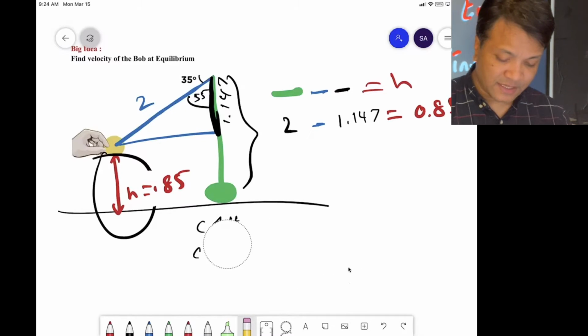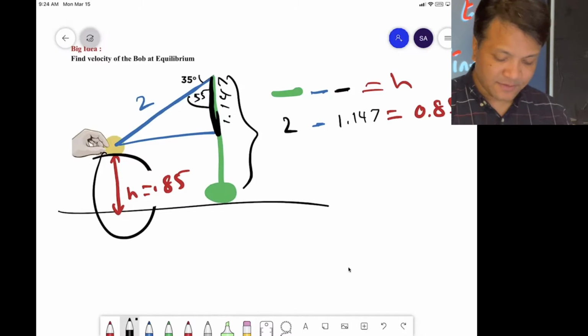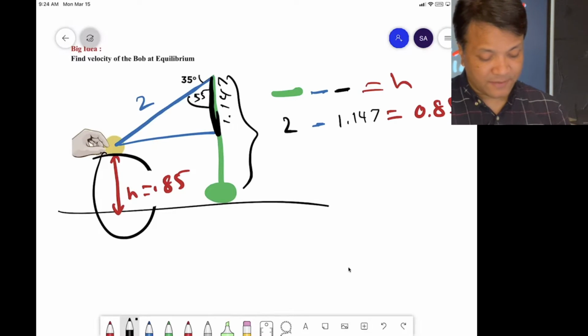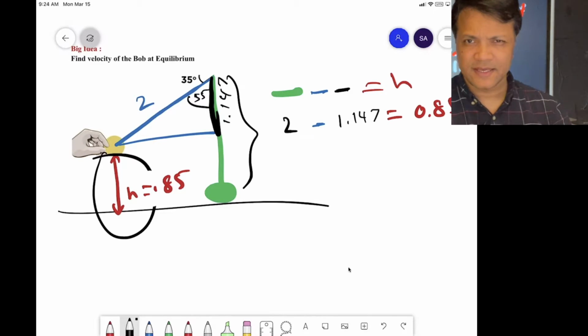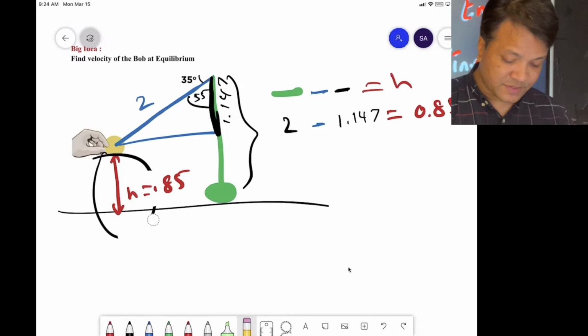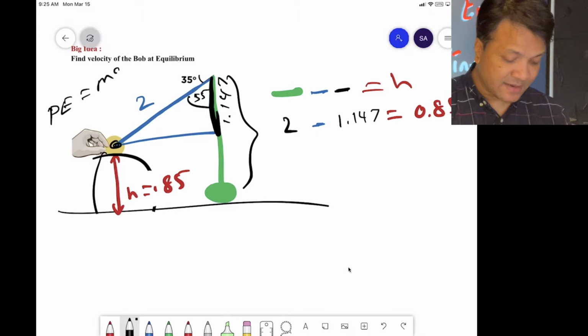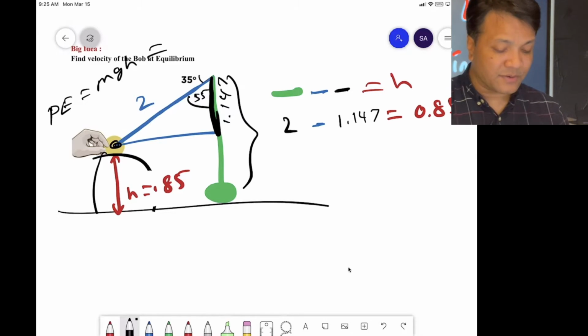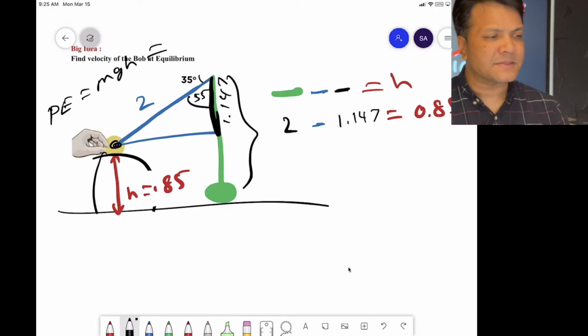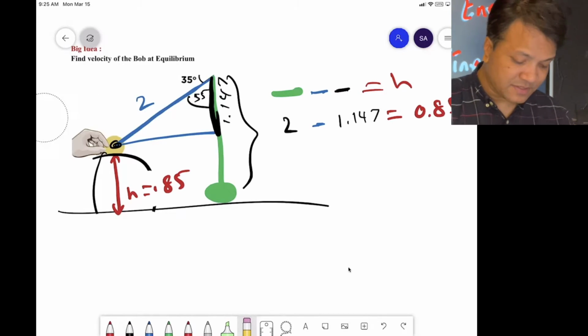So how can we do that? Well, for velocity there are two approaches. We can find the potential energy over here, and let me show you both ways. First, we're going to find the potential energy right here. Potential energy right here is mgh. I don't remember the mass of the object, and if I don't remember, I'm not going to use it.